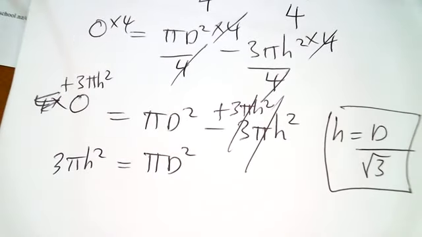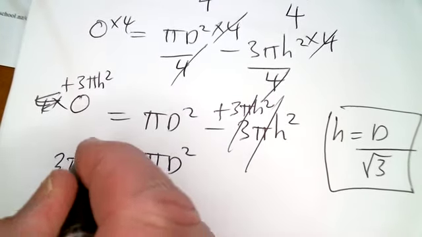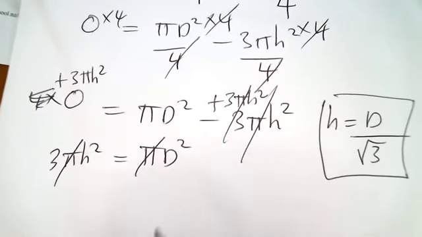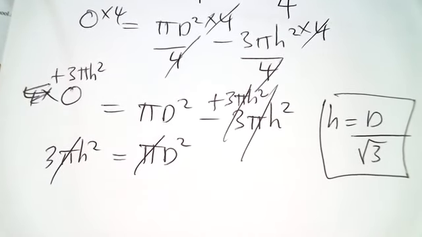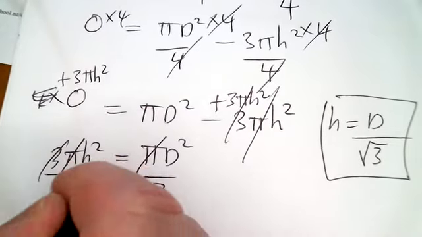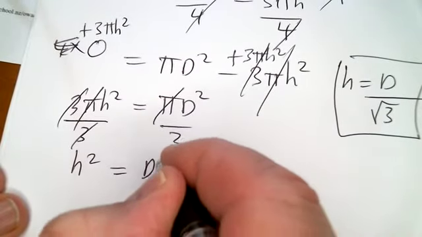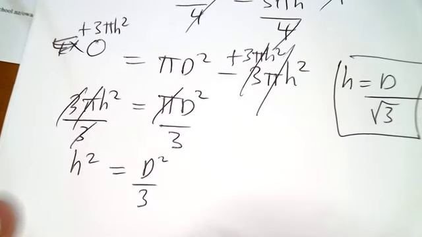First, divide both sides by pi, so the pi's disappear. Then I'm going to divide both sides by 3. So I'm left with h squared is equal to d squared on 3.